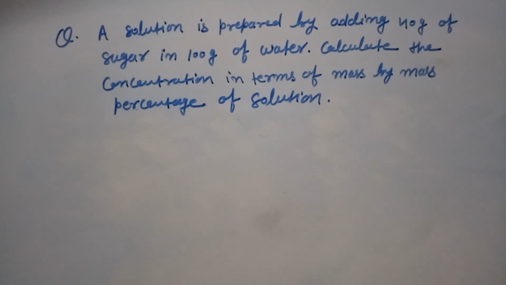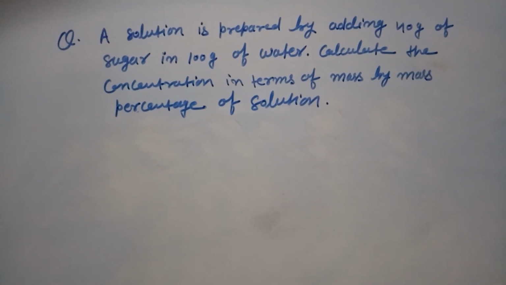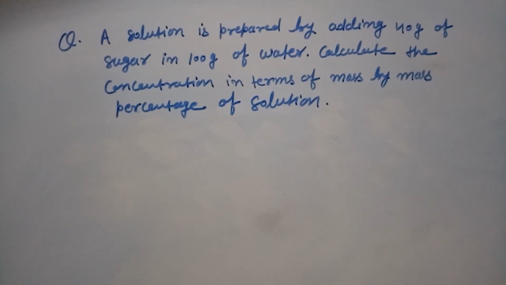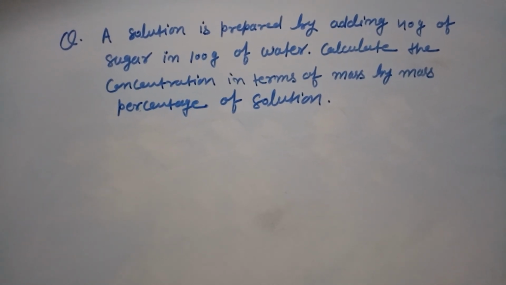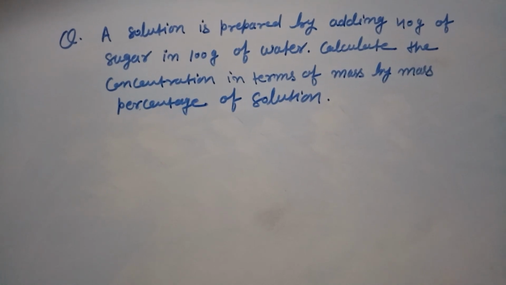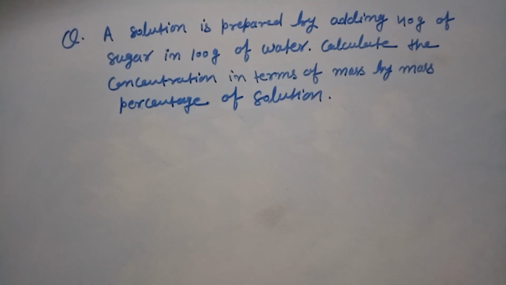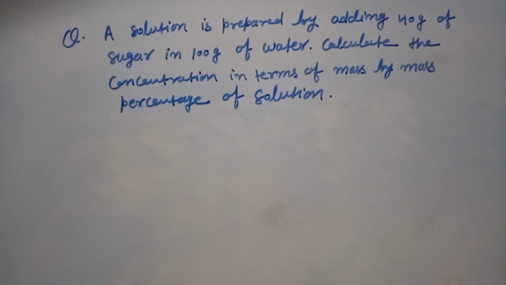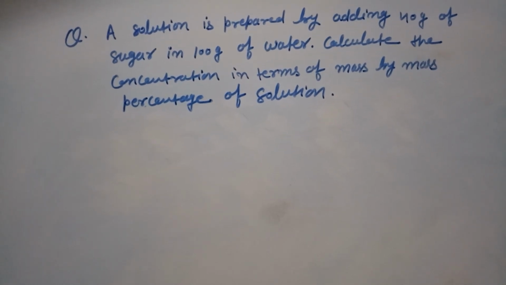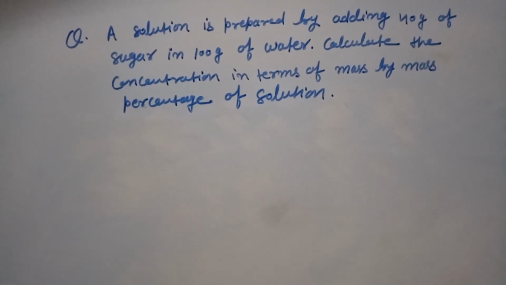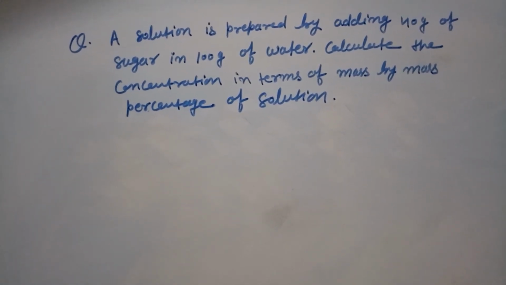Now try to solve this question. First, you need to write what things are given. Here you can see 40 gram of sugar is added in 100 gram of water. It means sugar is solute and water is solvent. So first you need to write the mass of solute, which is 40 gram, and then mass of solvent, which is 100 gram.